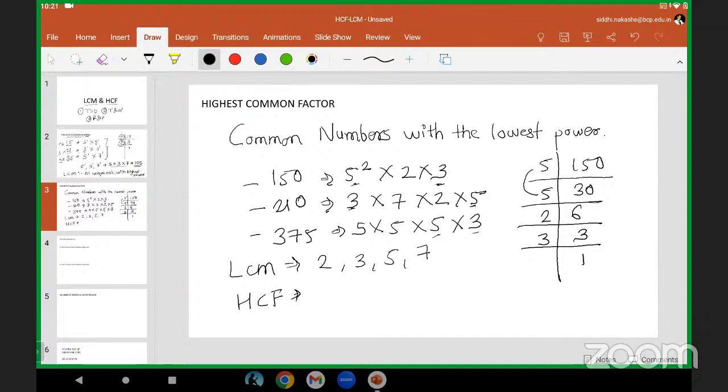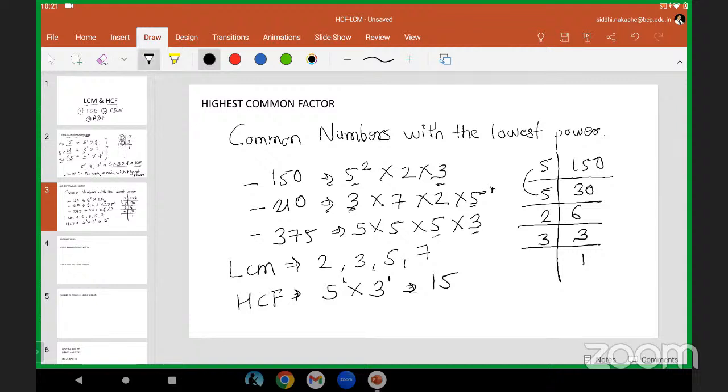We have to select only the common numbers with the lowest power. The lowest power for 5 is 5 raised to 1, because we won't select 5 raised to 2, as that would be for LCM. For HCF, we'll select 5 raised to 1, and for 3 also the lowest power is 3 raised to 1. So the HCF will be 15.